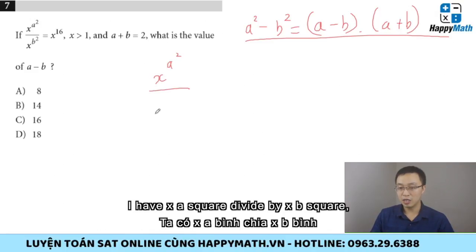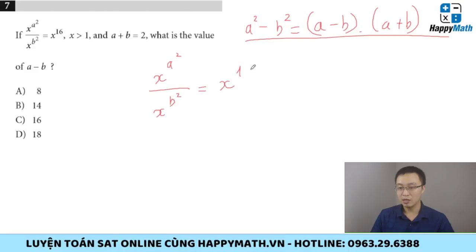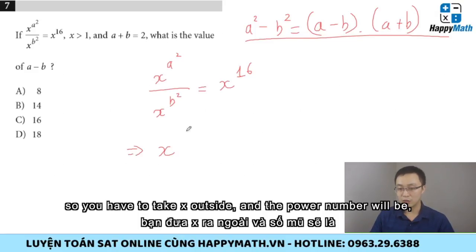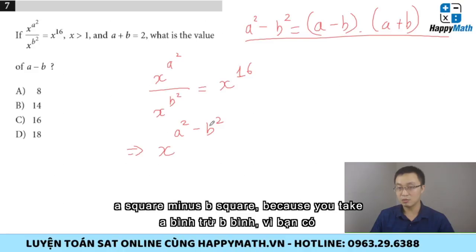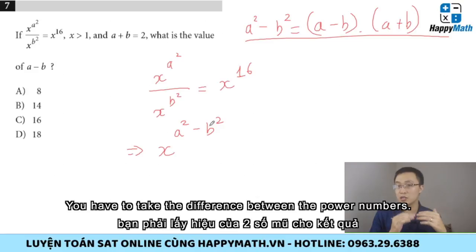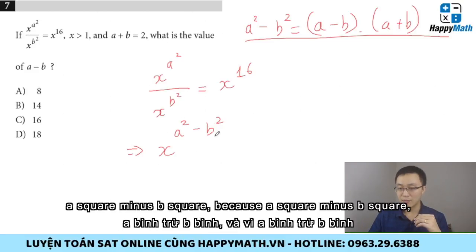I have x^(a squared) divided by x^(b squared) equals x^16. Because you have the division of powers, you have to take x outside, and the power will be a squared minus b squared. Because you take power divided by power, it means you take the difference between the powers. Okay, a squared minus b squared.